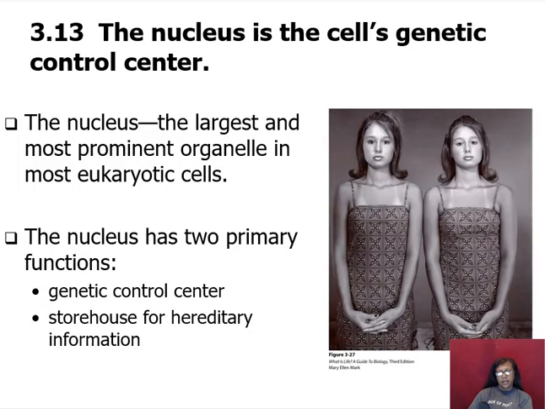Let's carry on. The nucleus is the cell's genetic control center, right? The nucleus is the largest and most prominent organelle in most eukaryotic cells. Remember, prokaryotic cells don't have a nucleus. The nucleus has two primary functions: the genetic control center and the storehouse for hereditary information.